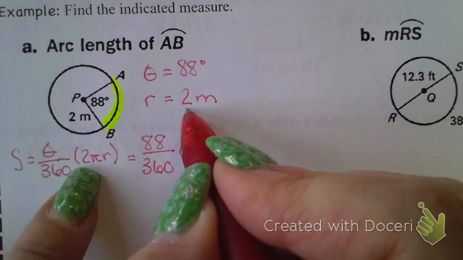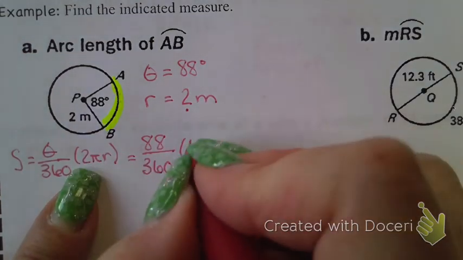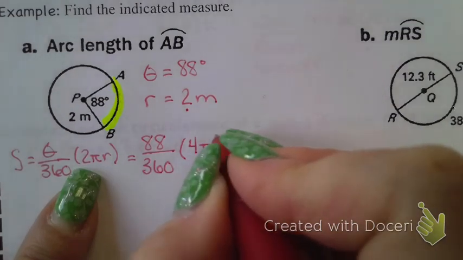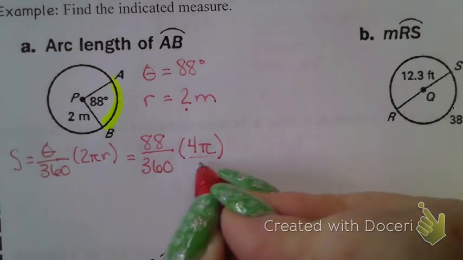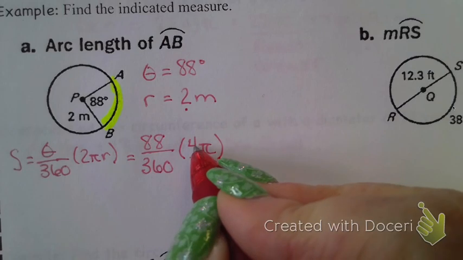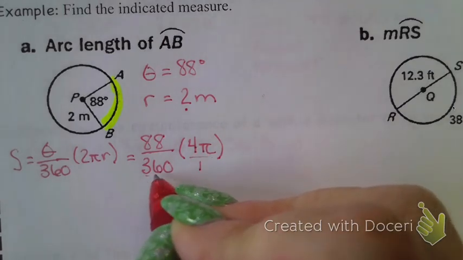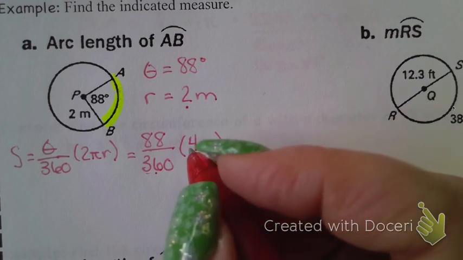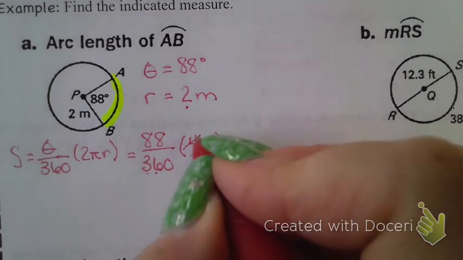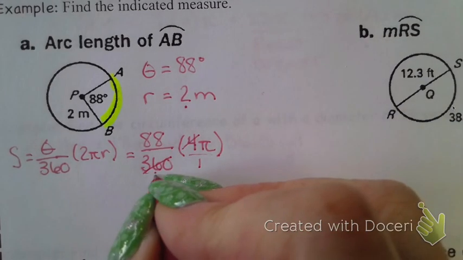Everyone good with that? 2 times 2 is 4 pi. Now, I'm going to have to do exact answers, so I need to reduce, correct? And this is 4 pi over 1. Does 4 go into 360? Yes. How many times? 90.